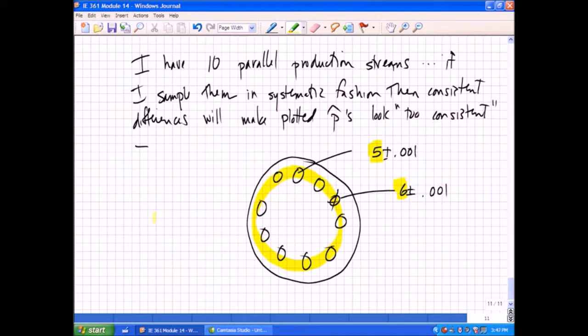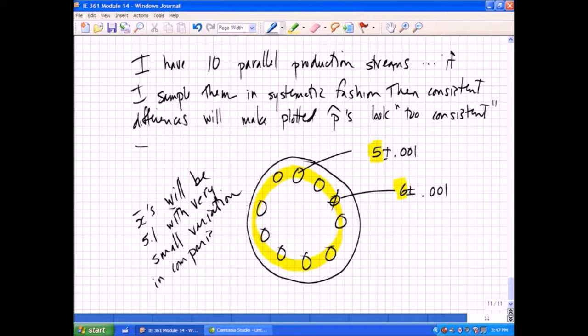So I'll be seeing X bars of 5.1 with very small variation, at least in comparison to the difference between this 5 and 6.